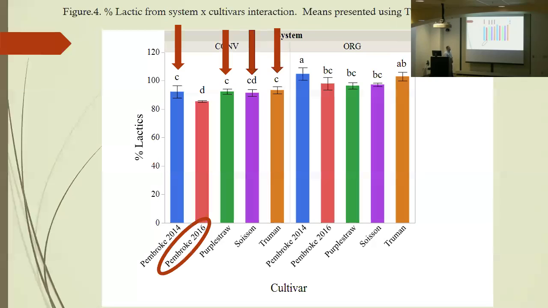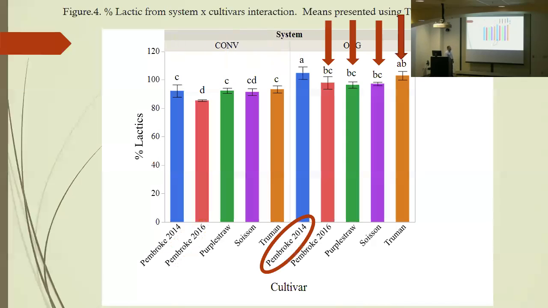While in the conventional itself, there is a similar trend across the cultivars except Pembroke 16, which gave the lowest value.